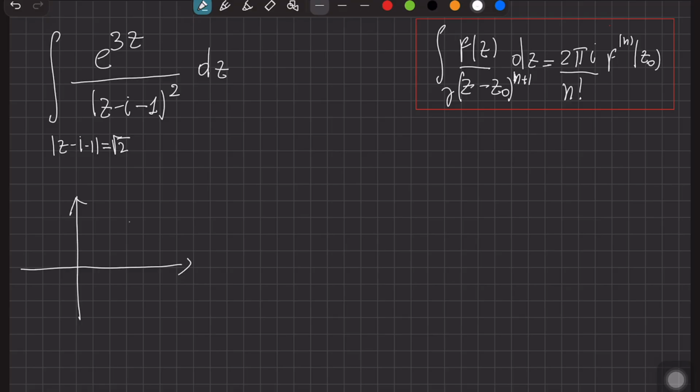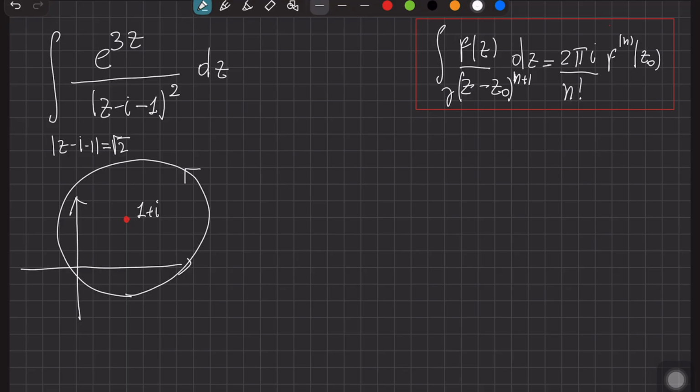So this 1 plus i is the center, and then I have to draw my radius square root 2 circle, which looks something like this. And the only singularity of the function, again, is the center of this circle. I'm always integrating counterclockwise.